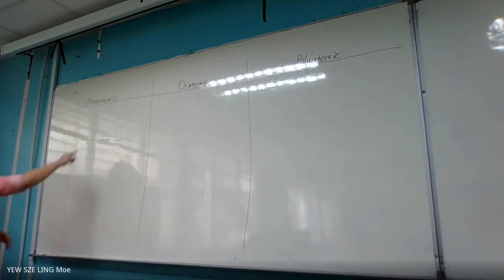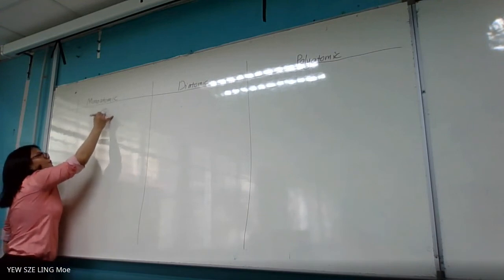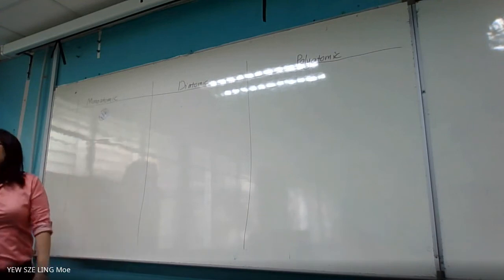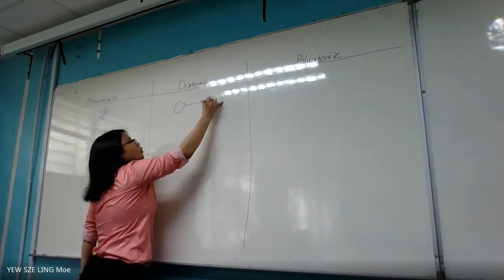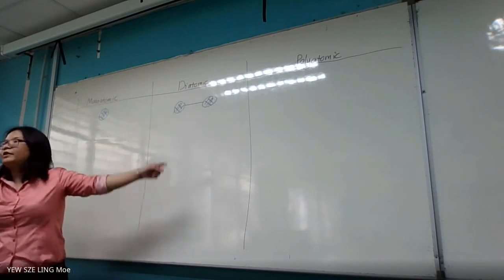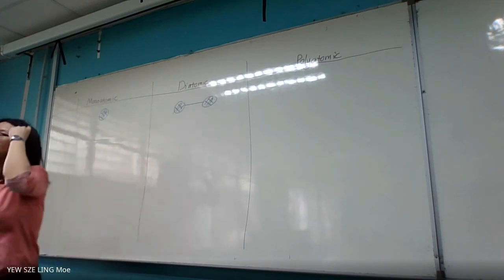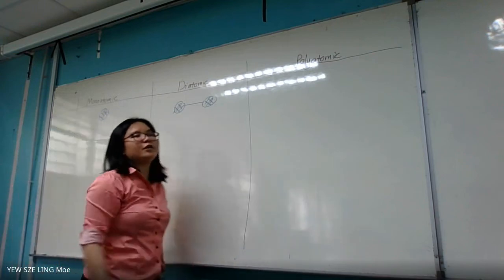Now let's see what is monoatomic. Monoatomic means that it just has one atom. Diatomic has two atoms joined by a bond. Sometimes for diatomic, you'll consider the linear polyatomic as well, where you have three atoms joined in a straight line.